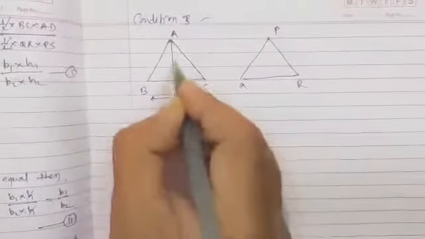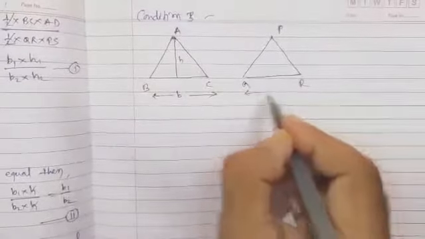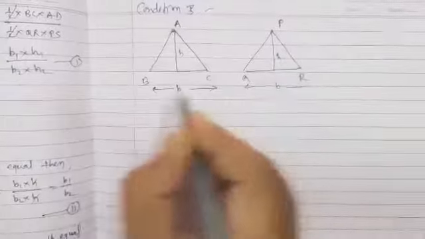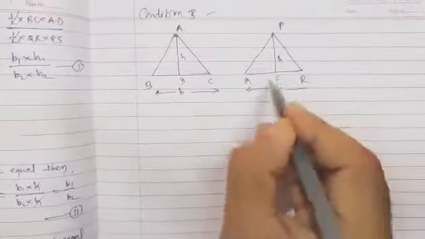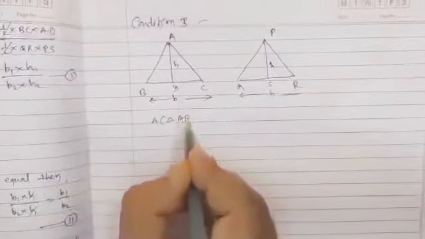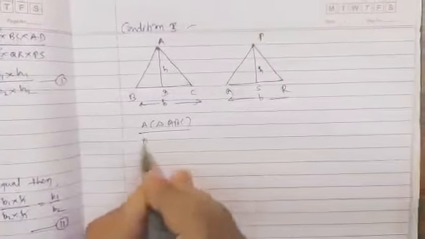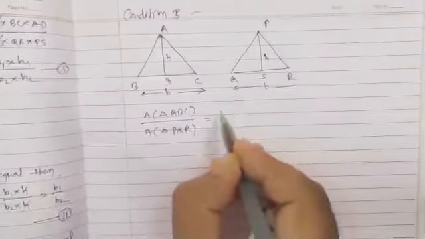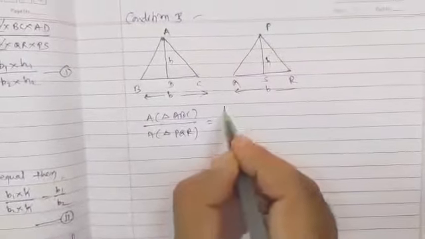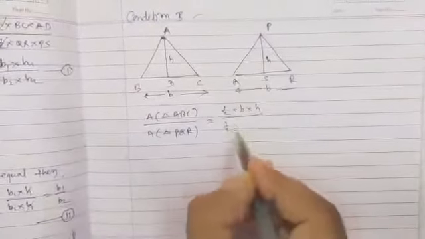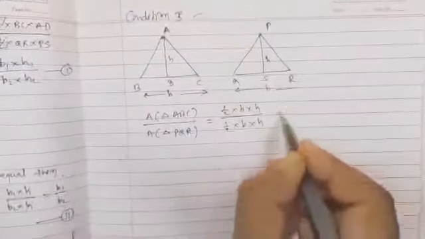Base B and height H. Here also base B and height H. So area of triangle ABC divided by area of triangle PQR is equal to 1/2 into base into height divided by 1/2 into base into height.